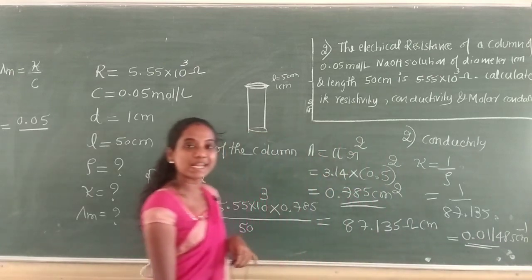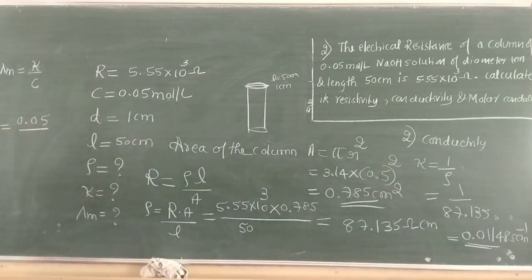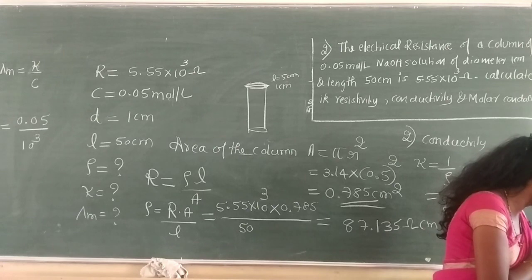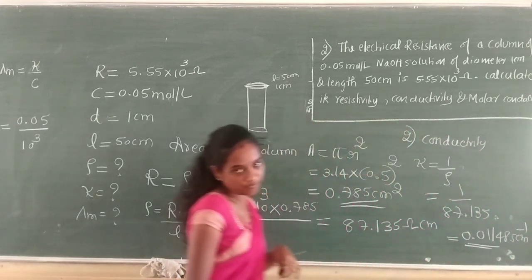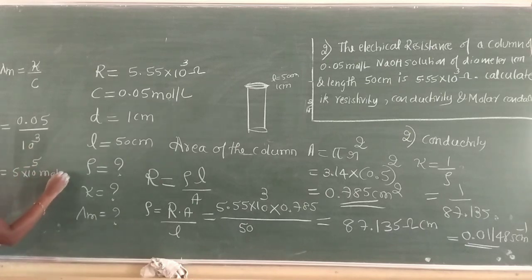So here per liter, that means we need it in terms of centimeters, right? So 1 liter is equal to 1000 ml, which is also equal to 1000 cm cube. So directly I will write 10 to the power 3. Yes or no? So 0.05 divided by 10 to the power 3 is equal to 5 into 10 to the power minus 5 moles per cm cube.